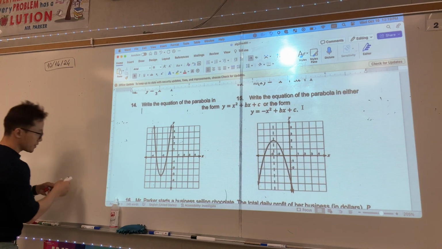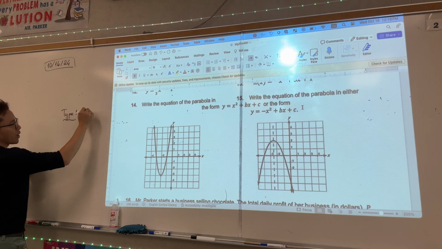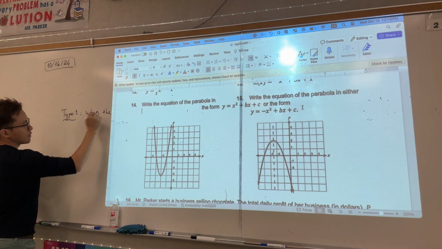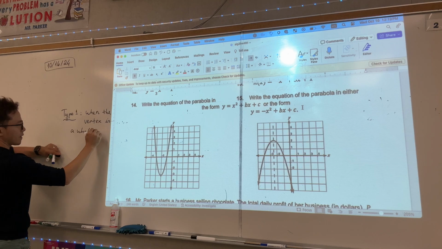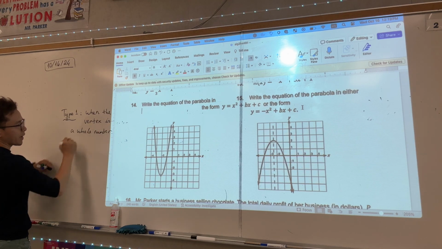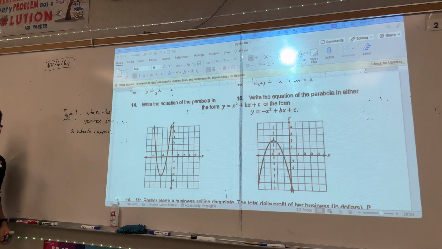All right, so type 1, maybe you can write it like this: when the vertex is a whole number. Okay? So type 1. All right, do the same thing.